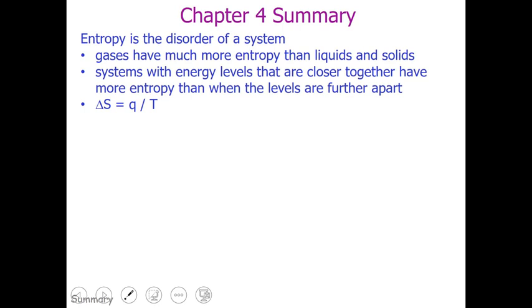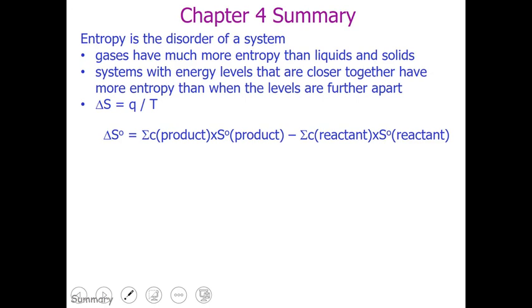And the quantitative description of entropy is change in entropy equals heat divided by temperature. We can use our tables to find the entropy change of a reaction as the sum of the coefficients times the entropies of the products minus the sum of the coefficients times the entropies of the reactants.